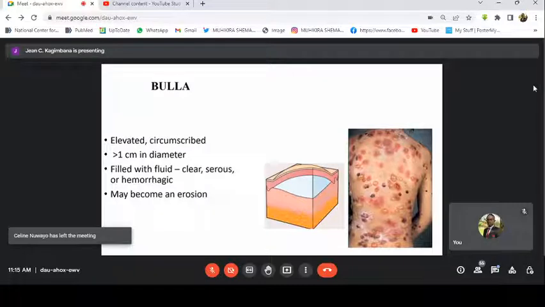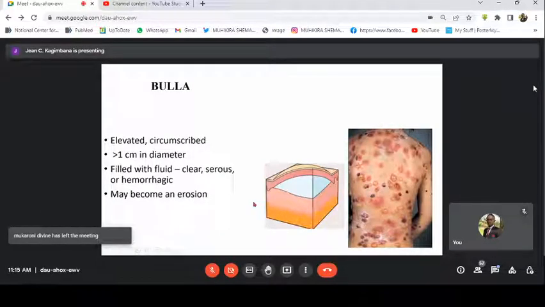It means that it's a big vesicle. The content may be clear fluid or filled with hemorrhage or blood, and following scratching, you may have an erosion. Like here, you see? This is what we call bullous pemphigoid.